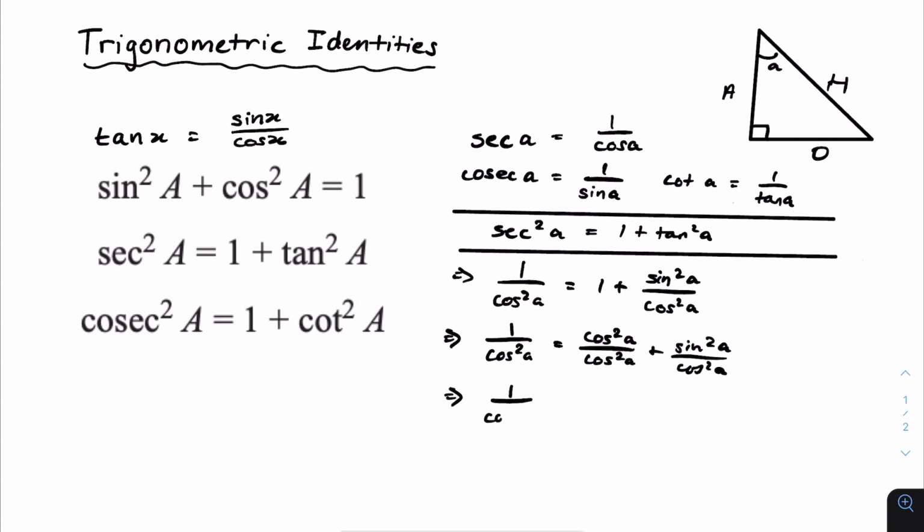So 1 over cos squared A is equal to 1 over cos squared A, as required.